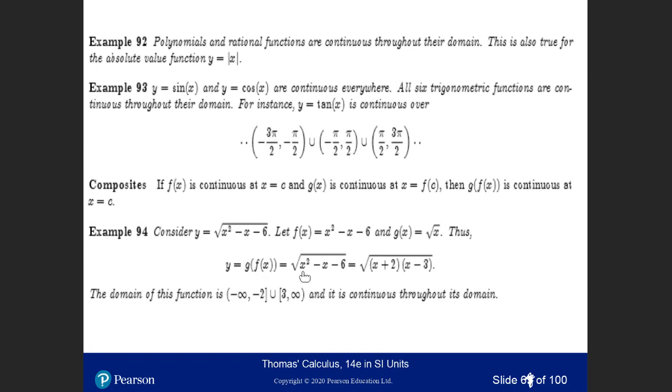For g of f of x, f is defined everywhere, but g is defined for all non-negative values, so that's how you get the domain. Here, when you're in the interval, that's always positive. x is negative here, and x plus 2 is negative, so the product is positive. The same is true here. Okay, so that's a typical example of the continuity of composite functions.